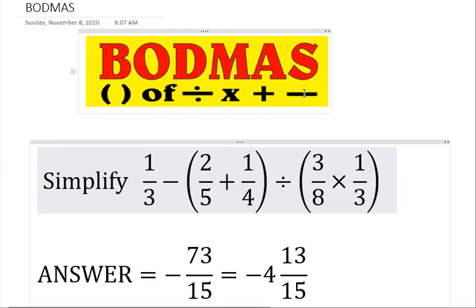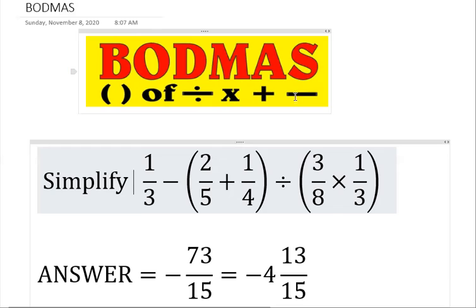So that is BODMAS. It simply means when you have an operation that has virtually all of these signs that you are having here, this is the order. You first of all solve those in brackets. If you have any with off, you solve. Then any with division, multiplication, addition, and subtraction. That's the order.